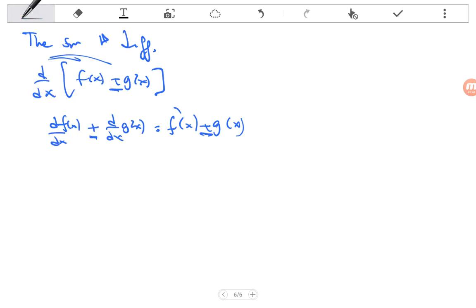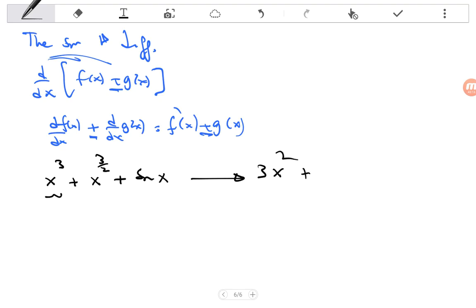So for example, if I need to find the derivative of this function, x power 3 plus x power 3 over 2 plus sine x. What is the derivative of this function? I will just make the derivative of each of them separately, then I add them up. Okay, so x cubed, what is the derivative of x cubed? We have just learned to take the power down, it will be 3x squared.